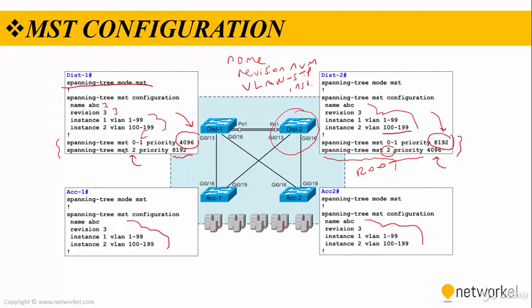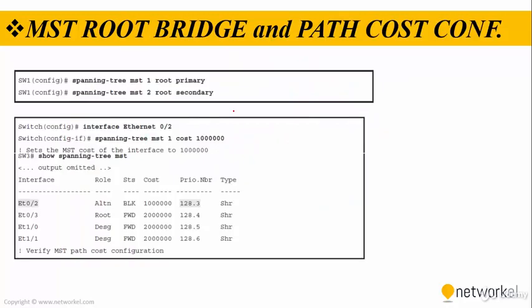This configuration means that for instance 0 and for instance 1, which covers the VLANs between 1 and 99, this one will be the root bridge.